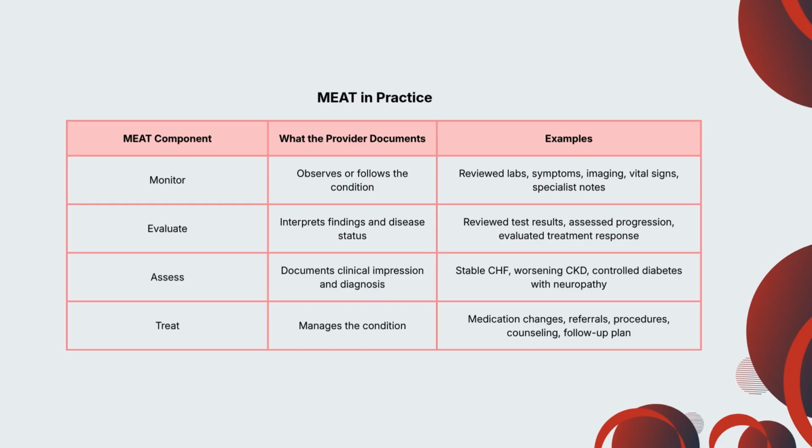Assess, documents clinical impression and diagnosis, stable CHF, worsening CKD stage 3B, recommended to be documented by provider to be more specific, controlled diabetes with neuropathy. Treat, manages the condition, medication changes, referrals, procedures, counseling, follow-up plan.